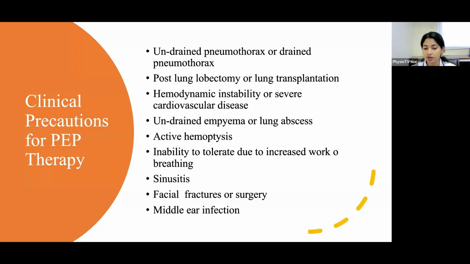Then cases where the patient is not able to tolerate increased work of breathing, sinusitis, and facial fractures or surgery, because as we saw, the therapy requires a mask or a mouthpiece. So in cases of any facial fractures, precaution must be taken to give this therapy. Finally, a middle ear infection, because the positive back pressure that will be created would cause added pressure to the middle ear, which would again be a contraindication to this therapy.